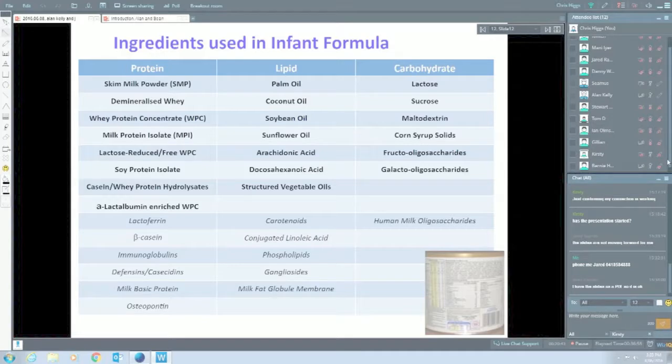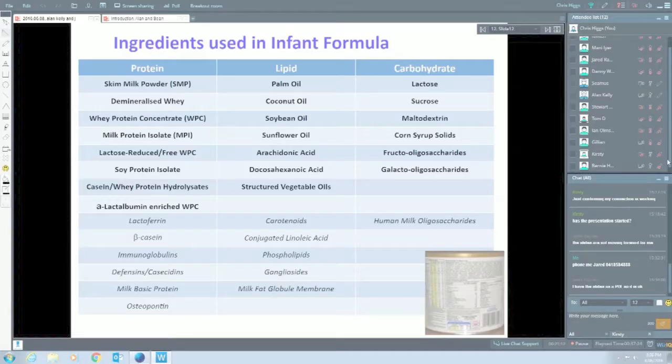And in some products, that may also be achieved by adding ingredients such as whey protein concentrates or whey protein isolates. Now you will see whey protein isolate and milk protein isolate on the list there, but these, I guess, are typically used in the manufacture of lactose-free products, where it's desirable to have the casein or the whey protein component without the lactose component.